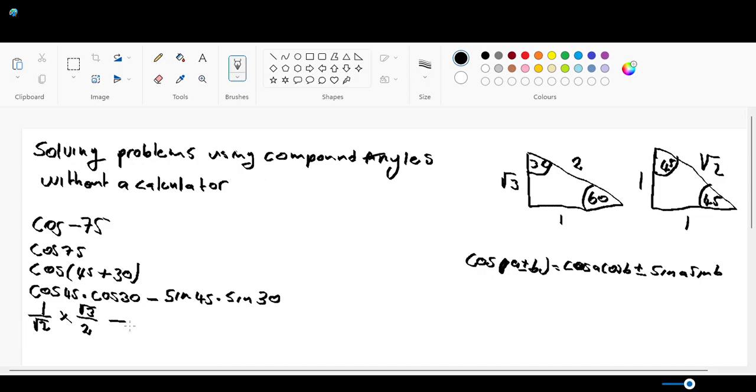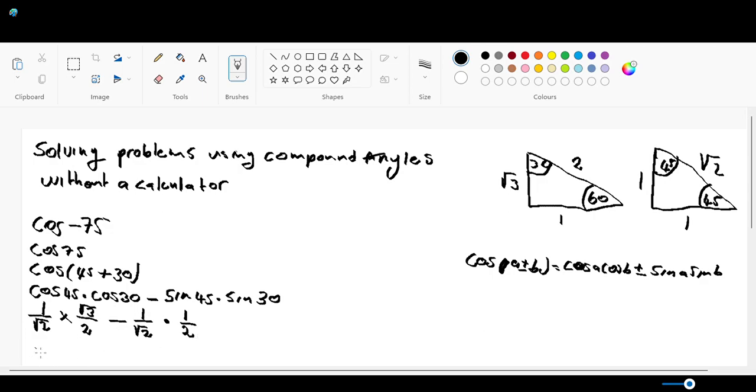So minus. We minus this, and then we look at our other one whereby we have sine 45. Sine 45 is 1 over root 2, and then multiply by sine 30. Sine 30 is opposite over hypotenuse, which in this case is 1 over 2.